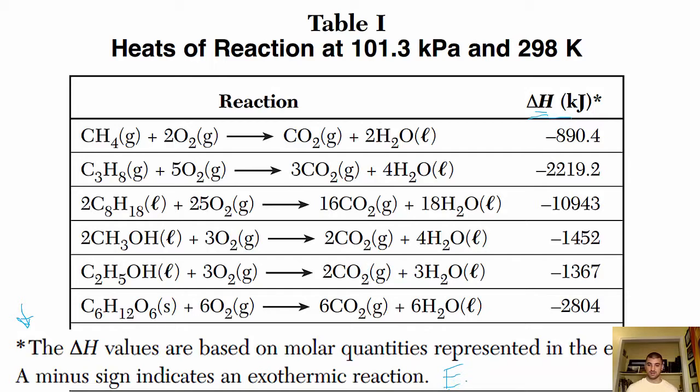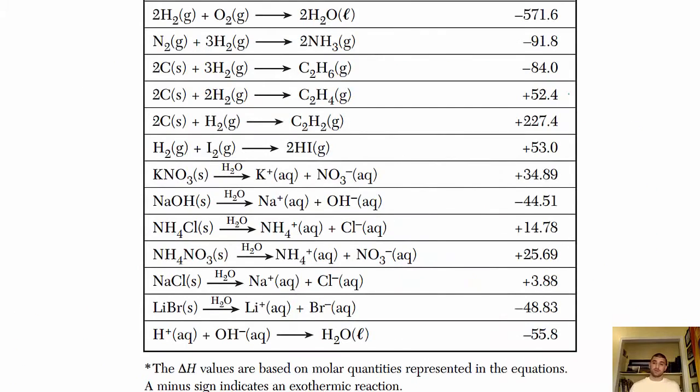So exo is negative, and if it's positive, then it's endothermic. So if we take a look at these examples, they're all exothermic because they all have negative delta H's. Whereas if we look at some other places in the chart, like these examples, they're positive. So these would be endothermic reactions, because they have a positive delta H.